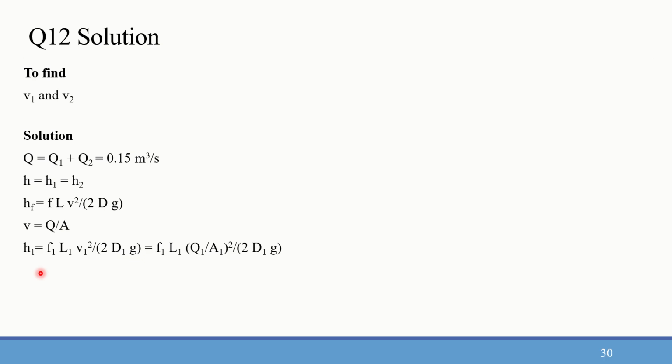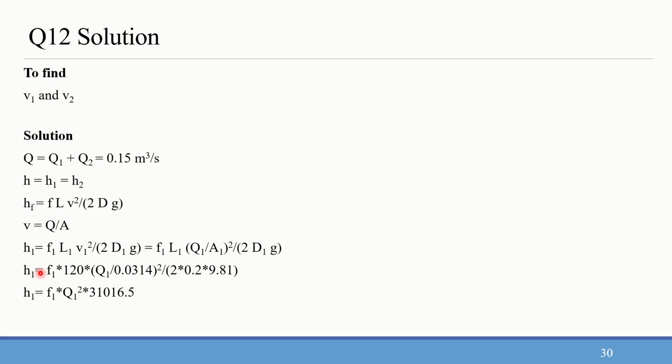So it is F1 L1 V1 square divided by 2 D1 g, where V1 is Q1 by A1. So H1 is equal to F1 into L1, which is 120, into Q1 by A1, with A1 as 0.0314, square, divided by 2 times D1 into g. D1 is 0.2 meters, g is 9.81. So we are writing H1 as a function of F1 and Q1.